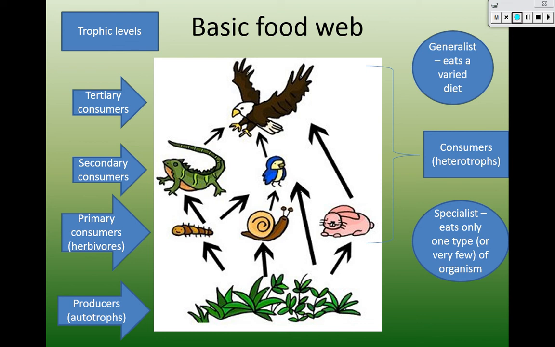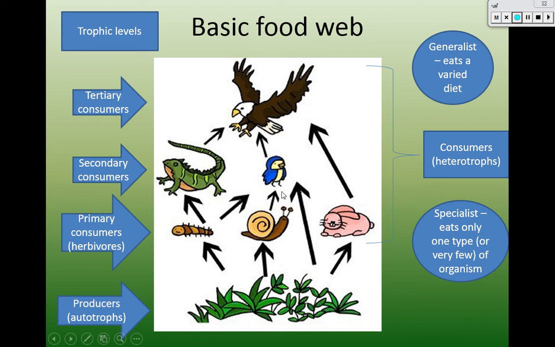So some secondary and tertiary consumers are going to be carnivores. Carnivores only eat meat. So for example, the eagle on here is a carnivore. But some tertiary and secondary consumers are going to be what we call omnivores. So like if you look at the bird here, the bird eats snails, so that's another animal, but it also eats vegetation.